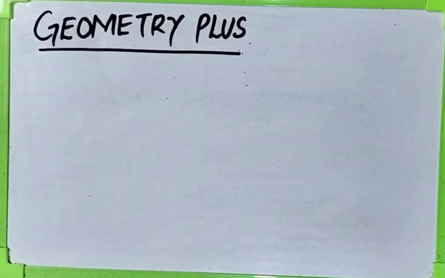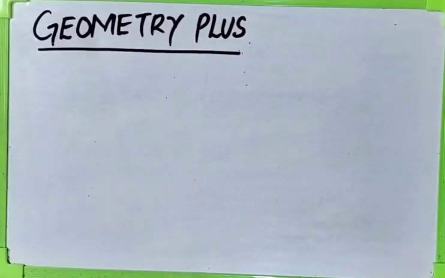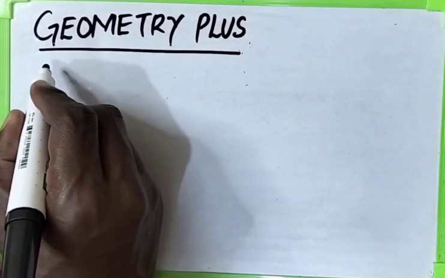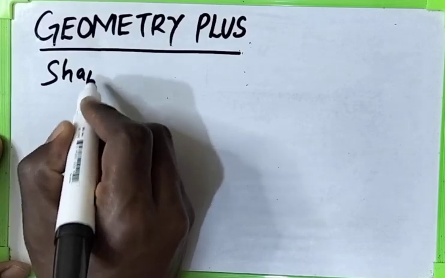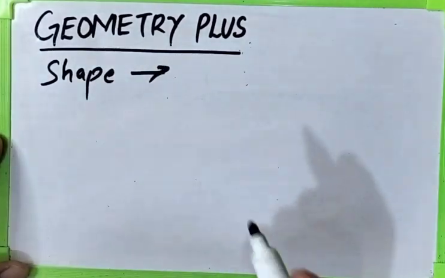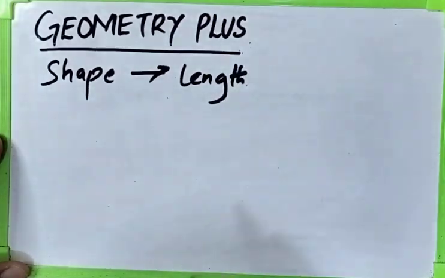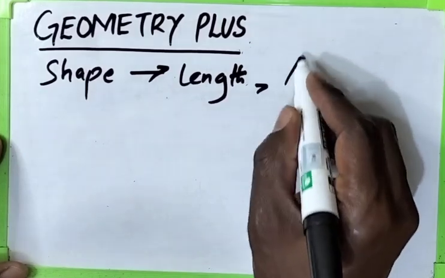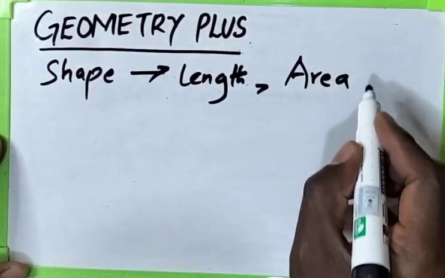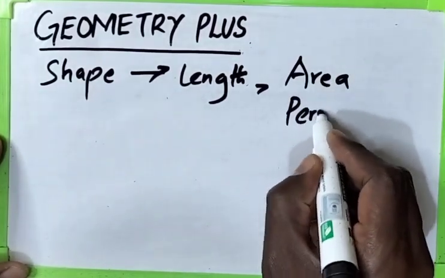In this first video of geometry, we're going to look at various shapes whereby you're maybe given a shape, and you're given some length, and you're required to look for the area or even the perimeter.